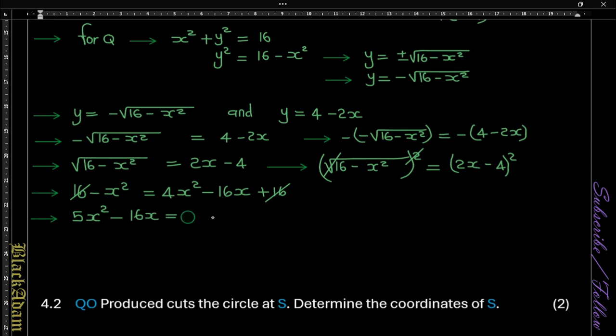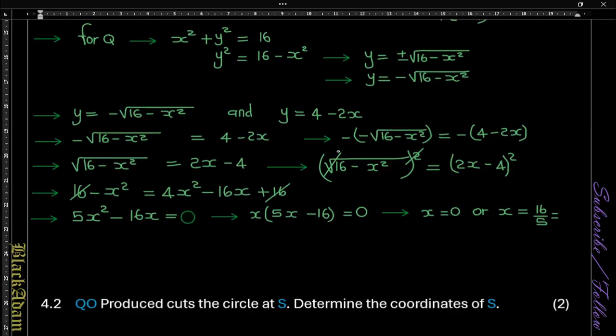Once again we factor out x, and then we have x times (5x minus 16) is equal to 0. That means x is equal to 0, or x is equal to 16 over 5.